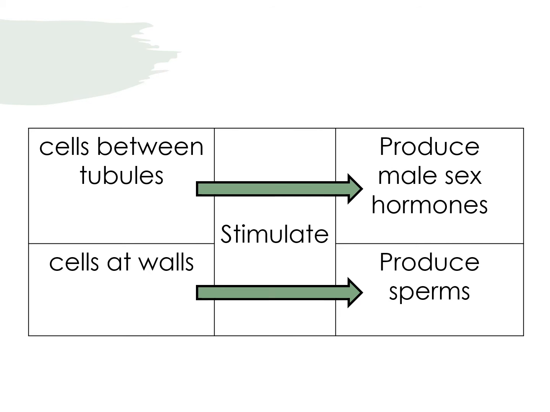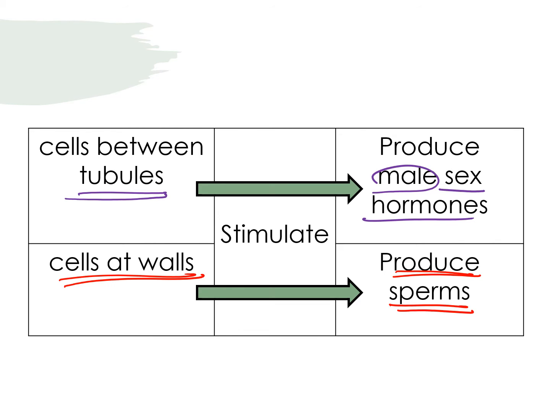Here I'm showing you a table of the function of different cells in the seminiferous tubule. The cells between the tubules produce the male sex hormone, while the cells at the wall of the tubules do the most important job, production of the sperm.